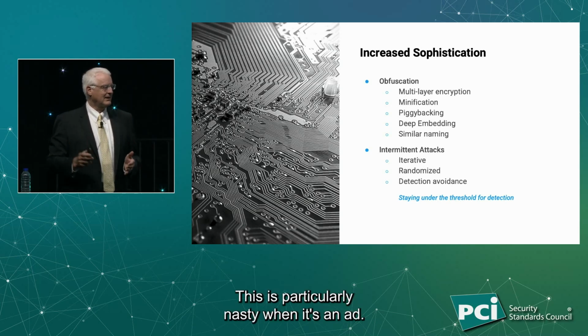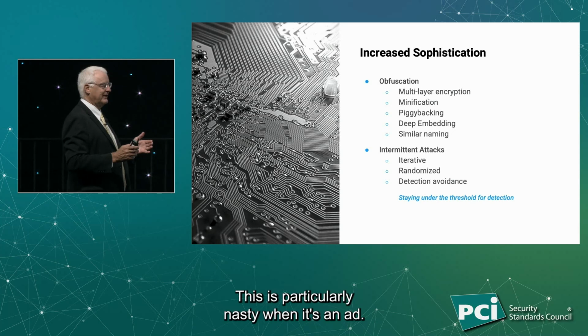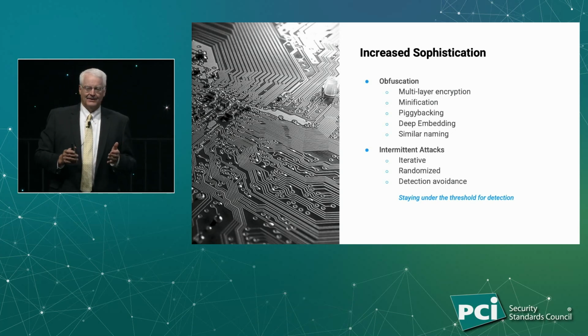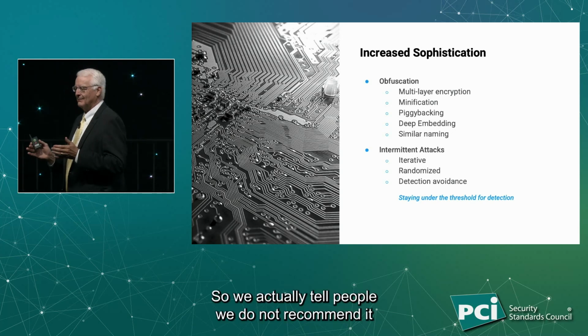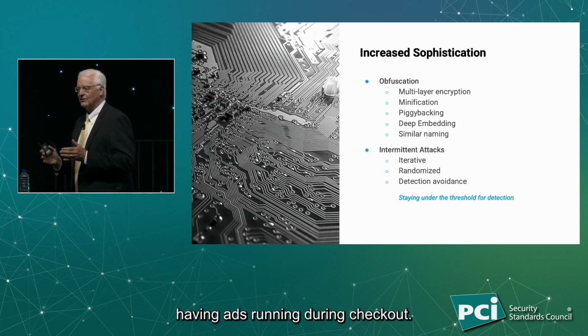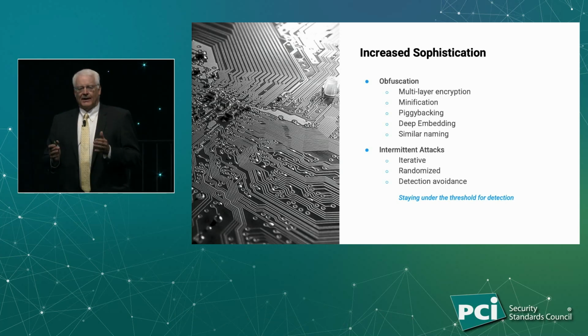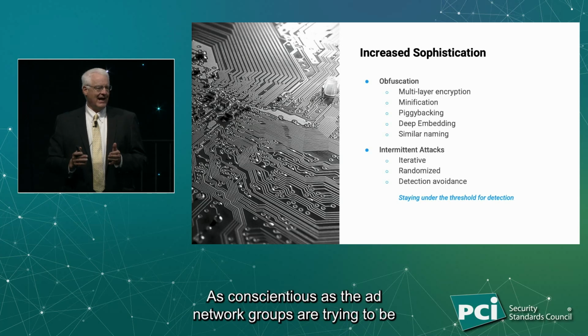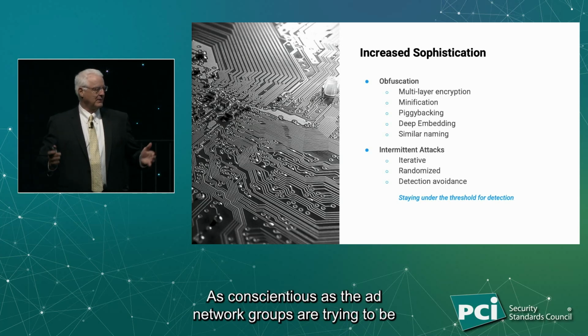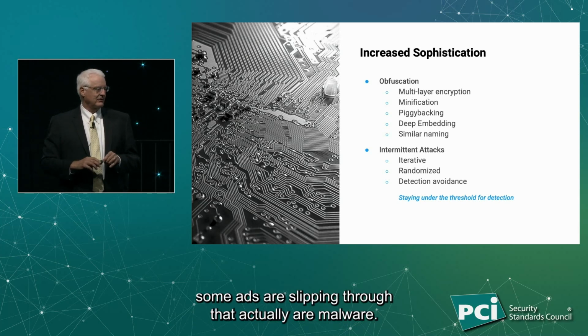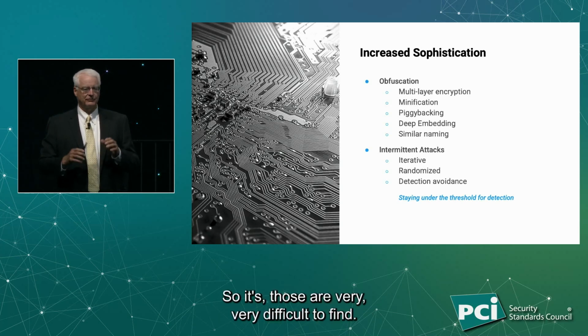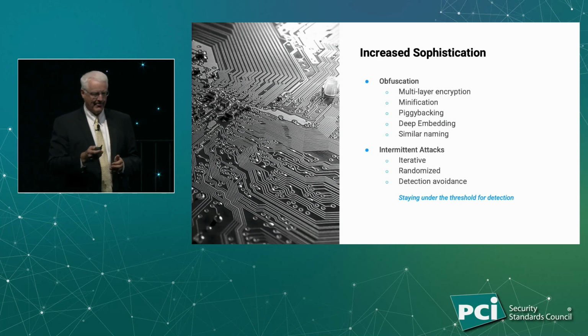This is particularly nasty when it's an ad. So we actually tell people we do not recommend having ads running during checkout. As conscientious as the ad network groups are trying to be, some ads are slipping through that actually are malware. So those are very, very difficult to find.